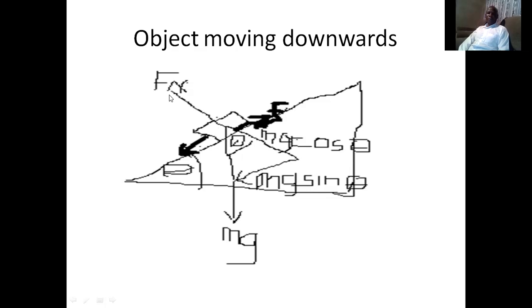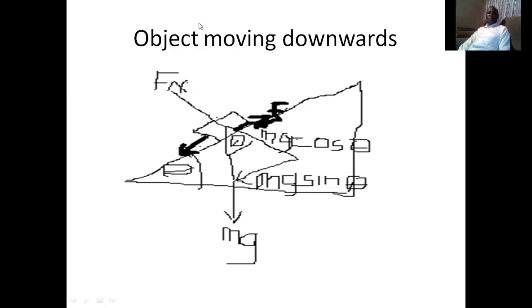If the object is not moving up and down, the normal force would be equal to mg cos theta, and mg sin theta would be equal to this other force, which is parallel to the plane.